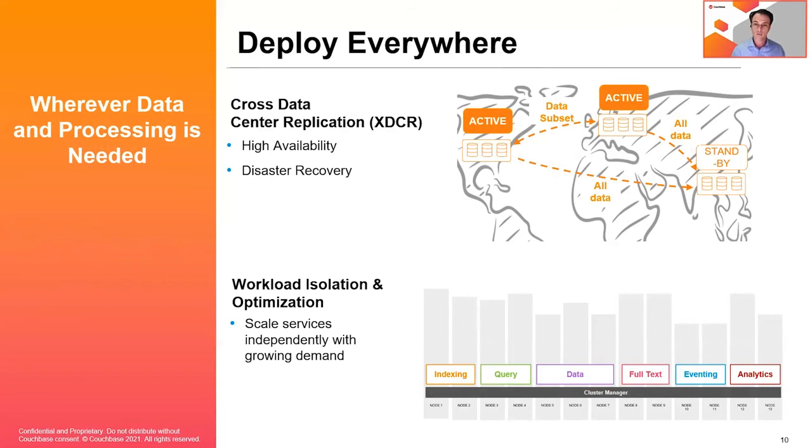So services that might be more memory intensive will go to one machine. Others that are more processing intensive will go to another machine. So you have flexibility to put the services where it makes the most sense, both from a performance standpoint, but also from a cost standpoint.